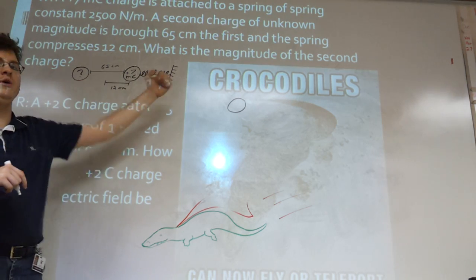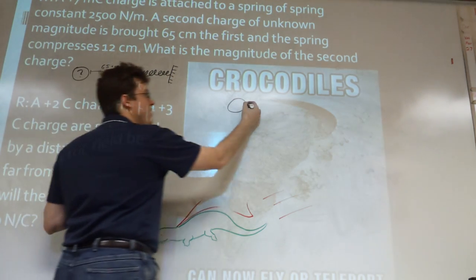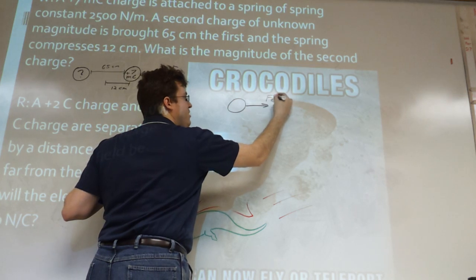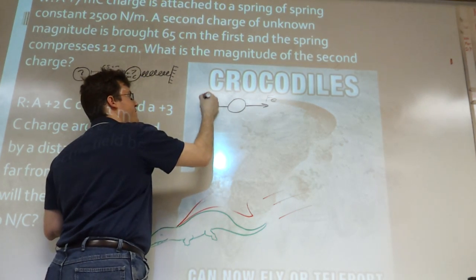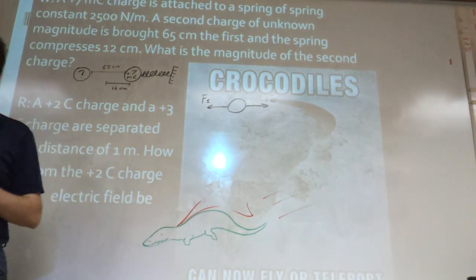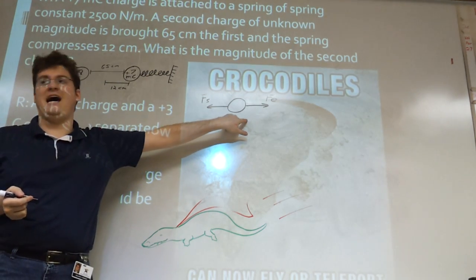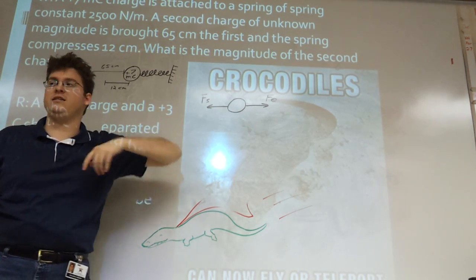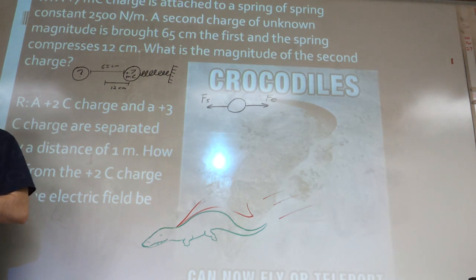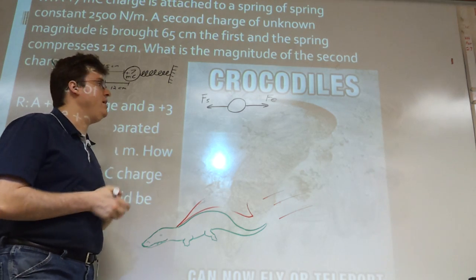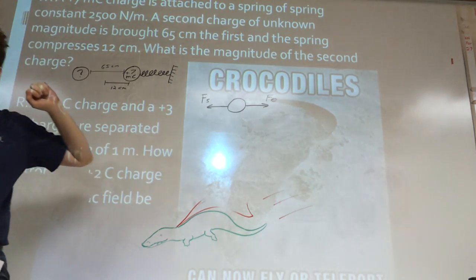Electric force is pushing him that way, spring force is pushing him that way. So F electric, F spring. Now, since this particle is at rest, not accelerating, what do we know about those two forces? They are equal. So I'm going to set them equal to each other and solve.